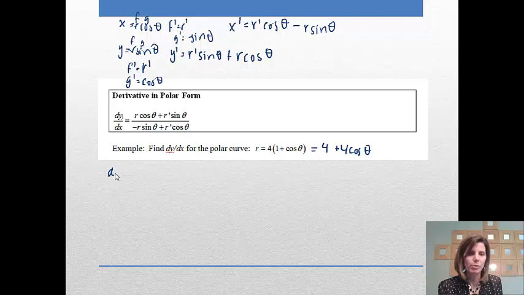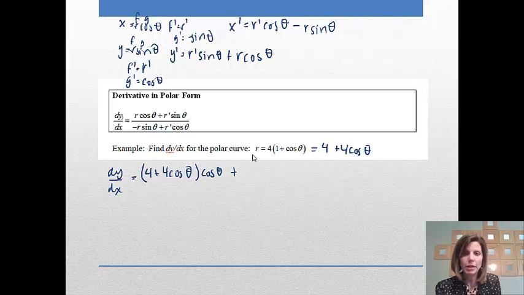All right, so what we're going to do is get dy/dx. That will equal r, which is 4 plus 4 cosine theta, times cosine theta, plus r prime. Well, r prime will be, the derivative of 4 is nothing, and the derivative of 4 cosine theta will be negative 4 sine theta.